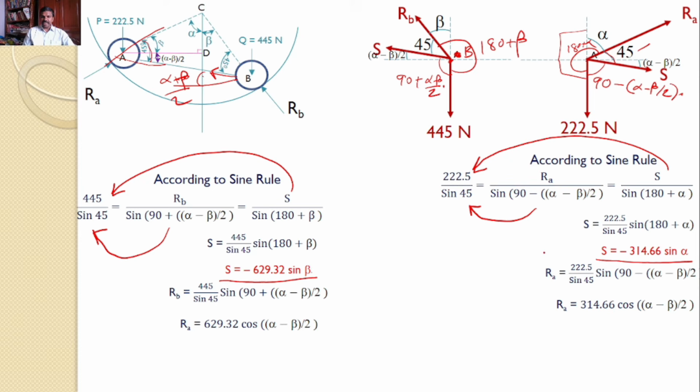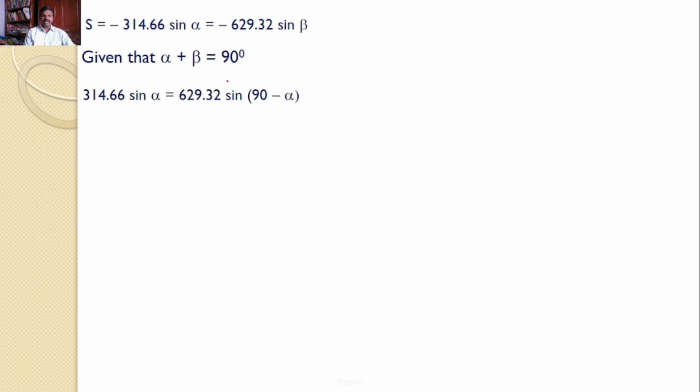That means I can equate these two. So minus 314.66 sine alpha is equal to minus 629.32 sine beta. But we know very well alpha plus beta is equal to 90. It is given in the problem itself. So I can write beta as 90 minus alpha.